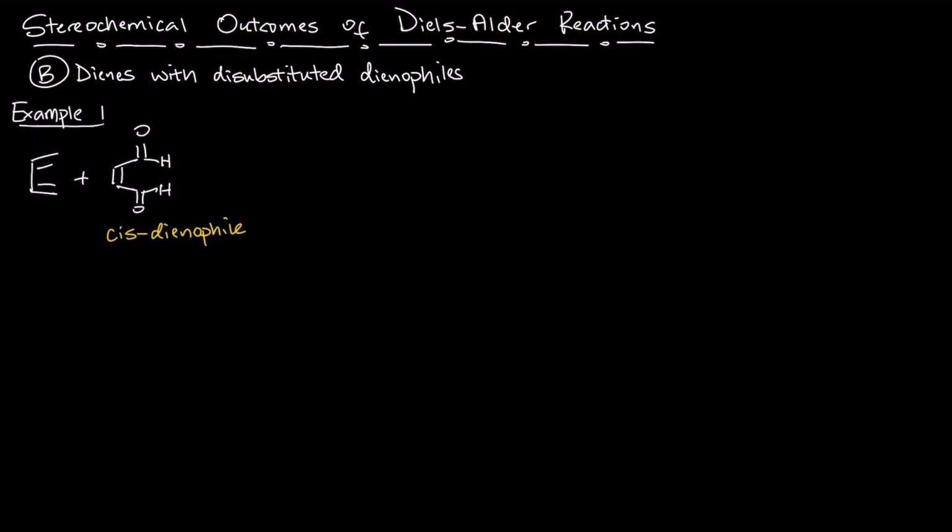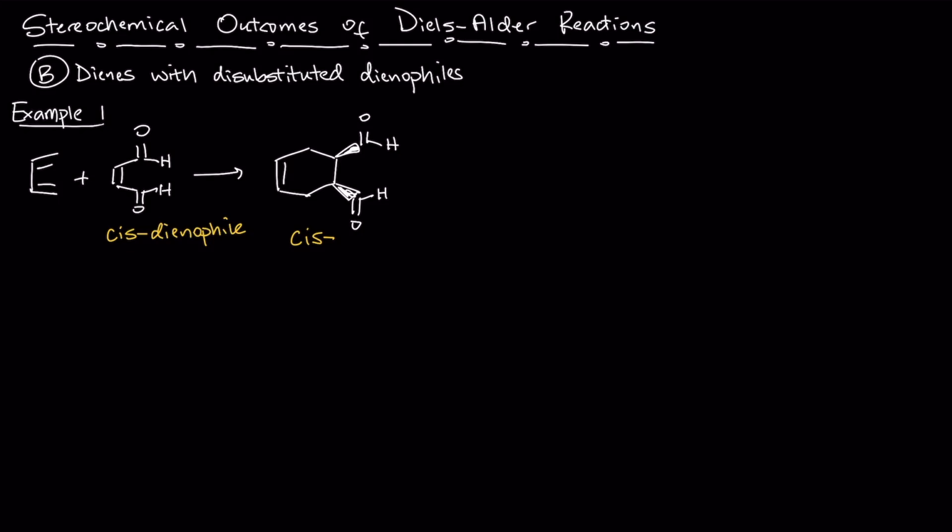In example one, we see that we're using a cis dienophile to react with our diene. And so our product that we observe is a cis disubstituted cyclohexene. So what we see here is that essentially the stereochemistry of a dienophile transfers into the stereochemistry of the product, right?